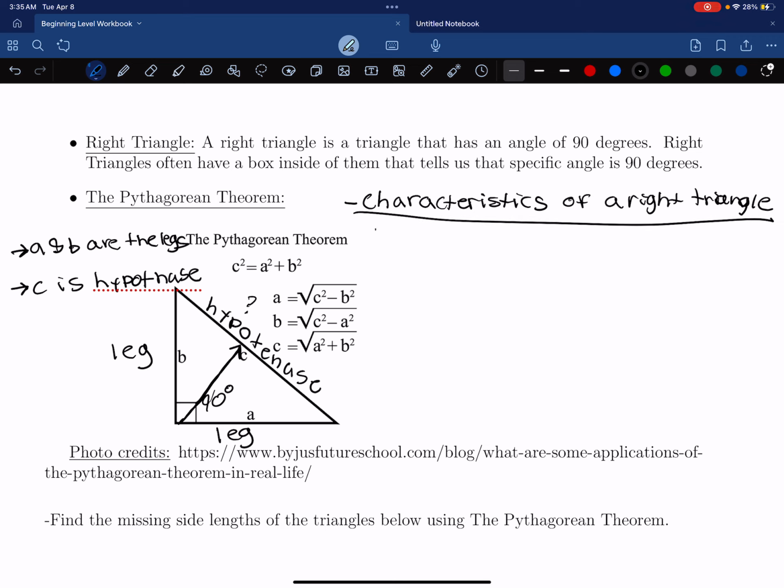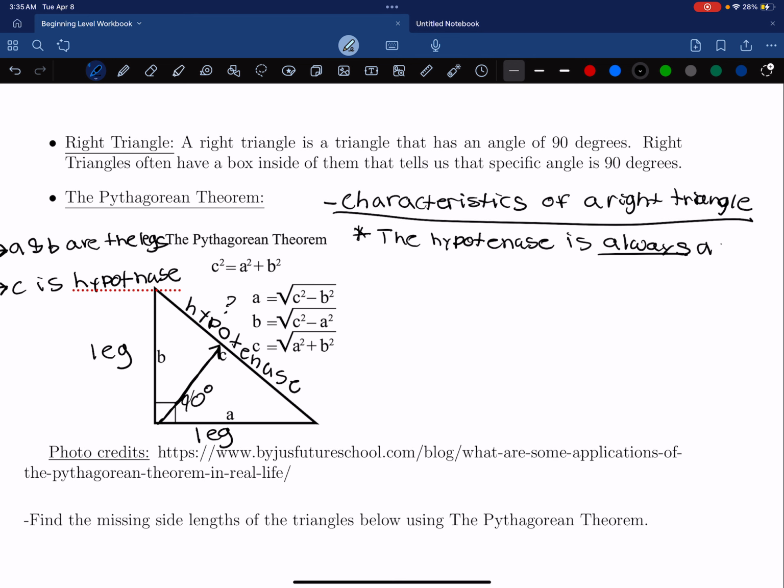So to go through the characteristics, we have that the hypotenuse is always, I'm going to underline always, across from the right angle.